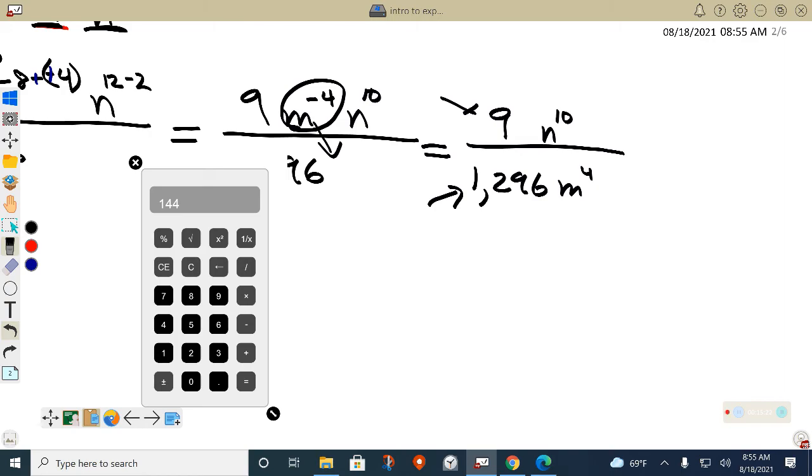So watch this. 9 divided by 9 is 1. N to the 10th. 9 into 1296 is 144. 144 m to the 4th. But since we're professionals, I don't have to put that 1 right there, because there's always a 1 in front of a variable.